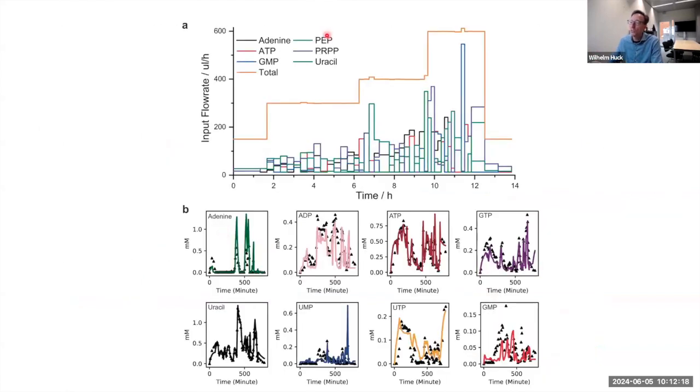So this is the experimental setup. The top slide that you see here is your algorithm that says you have to change the total flow rate, you have to change the input concentrations of every one of your input compounds, and then you observe the formation of product, you observe the disappearance of the intermediates or inputs, and then you try and fit your kinetic model to every one of these different traces that you get.